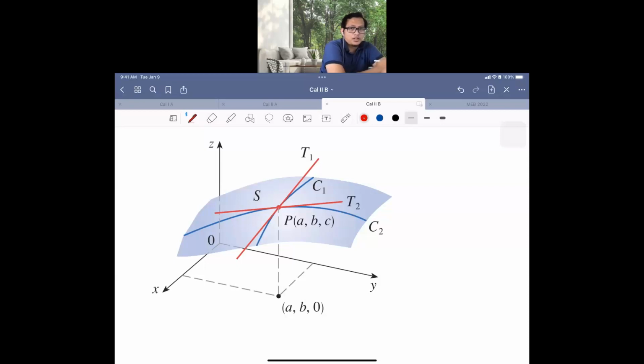Now I hope you still remember when we dealt with limit, the limit of a function of two variables. Of course we can imagine how we can approach the point from many paths, right? If you remember, we have this limit.